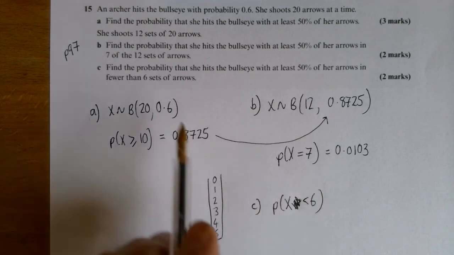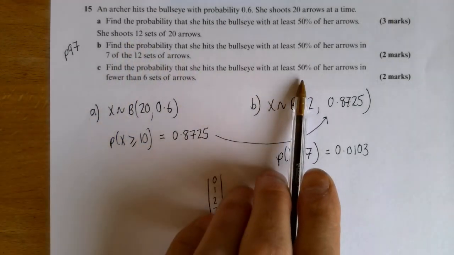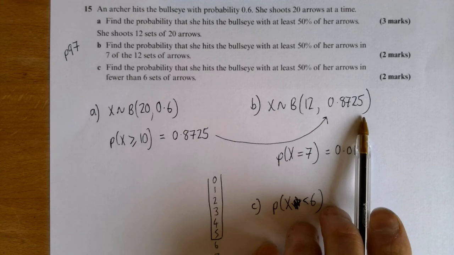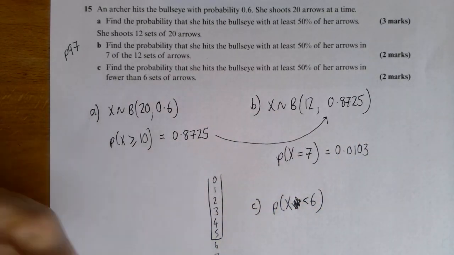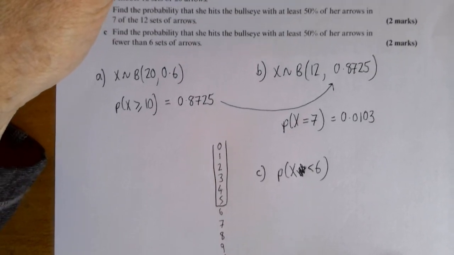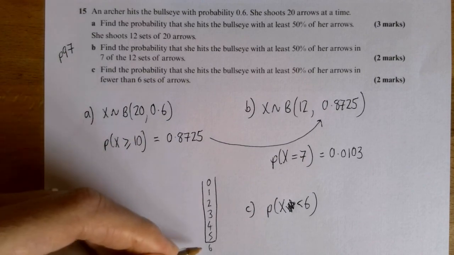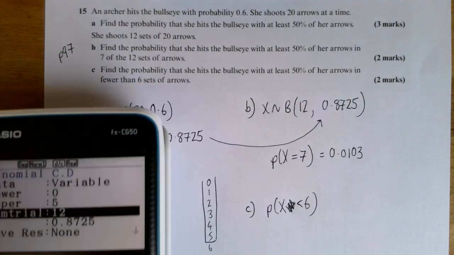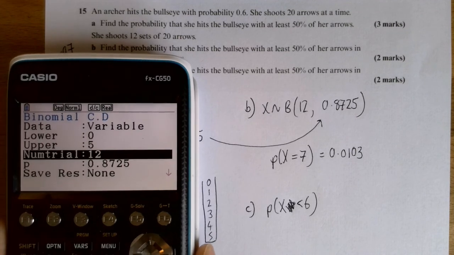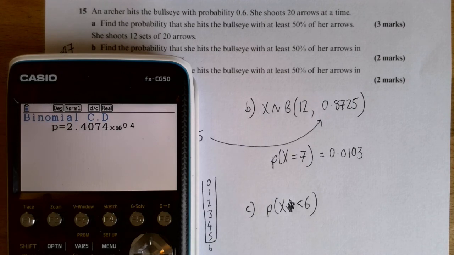Right, so part C, same setup, still 12 sets of 20 arrows, still 50% hits the bull being the success criteria, so we're still dealing with this. Less than 6, so I've drawn my picture. These are all the possible values, aren't they? 0 down to 12. So less than 6 is 0 to 5. So I've entered that on my calculator. So that's my parameters 0 to 5 and a tiny, tiny number.